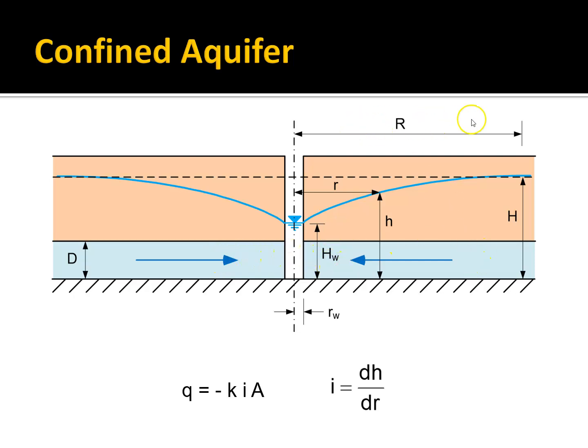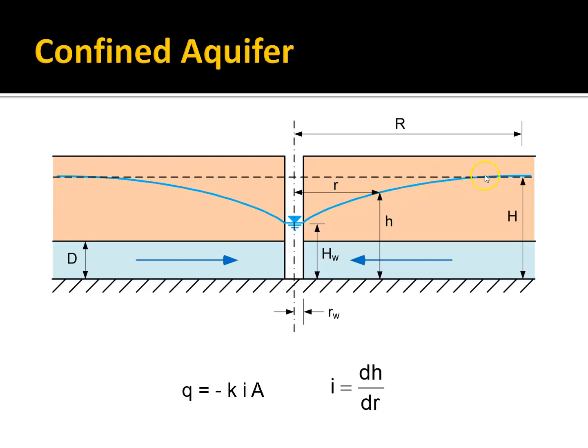And then this capital R up here is important. If you pump this for a long time, there's theoretically some distance at which there's negligible drawdown. What do I mean by drawdown? This distance from the initial water table height down to the potentiometric surface is called drawdown, and inside the well is this distance down to the water table elevation in the well.